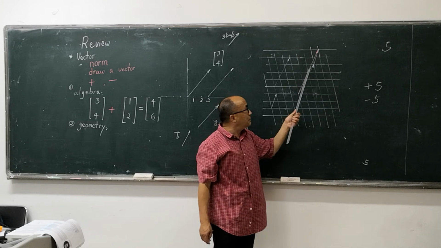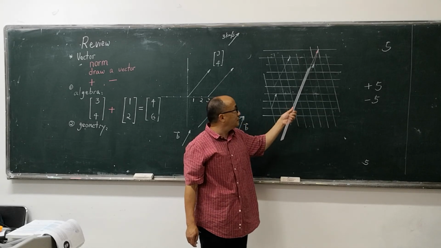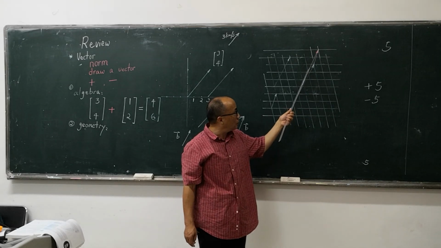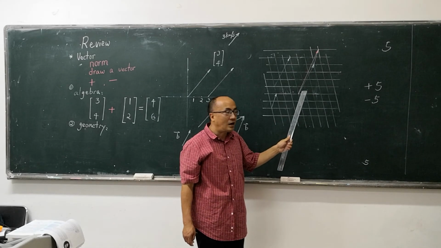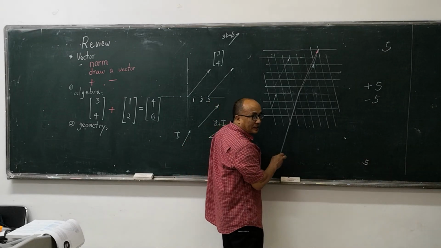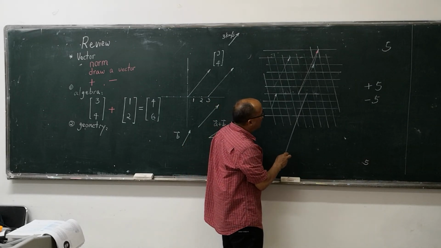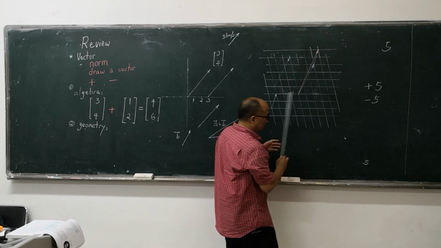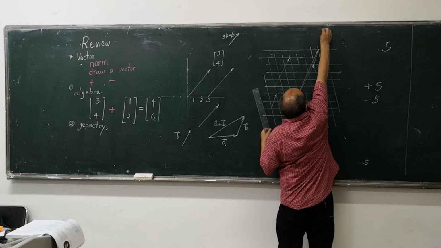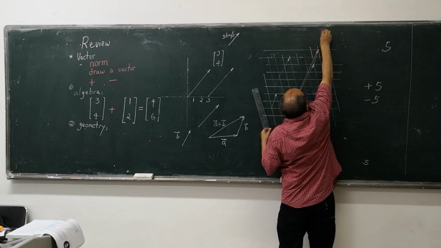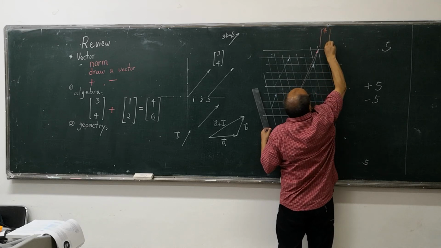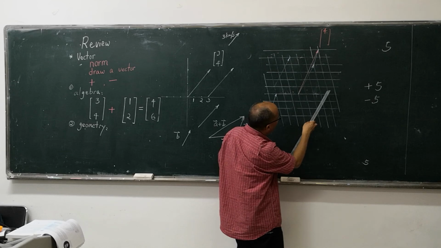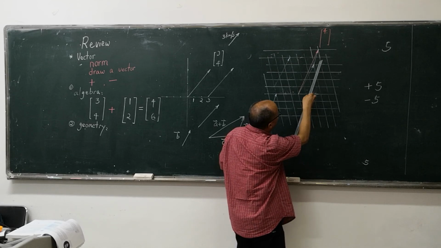Cool. And you tell me what's the number for the red vector. A plus B. Count it. Starting from here, okay? So it's 1, 2, 3, 4. So it's 4. Now count. 1, 2, 3, 4, 5, 6.